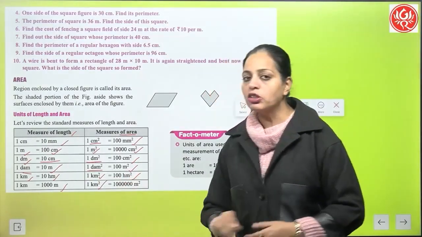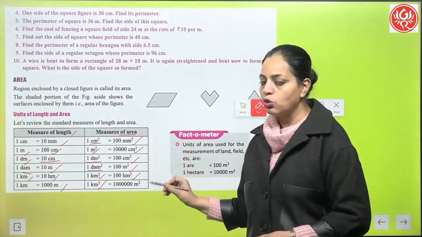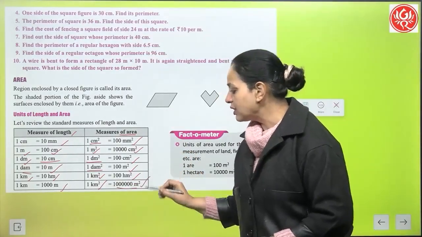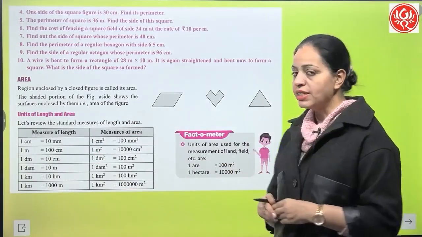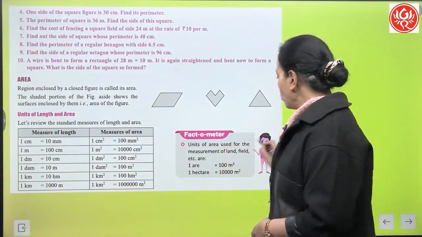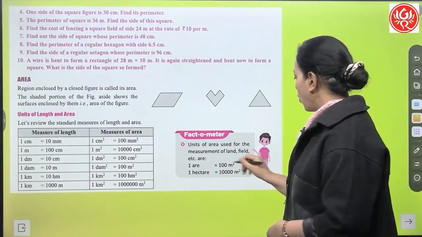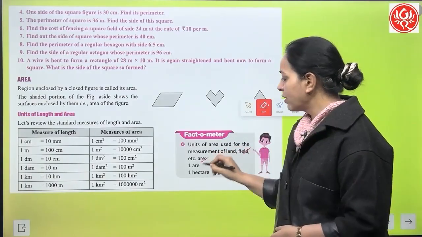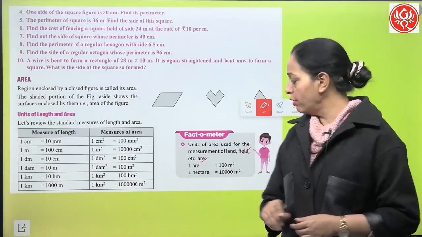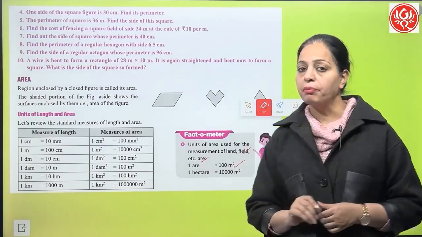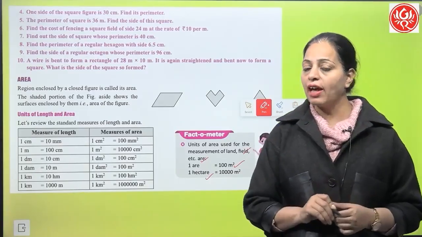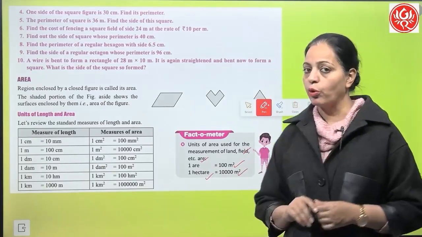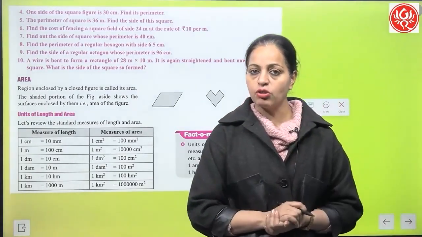So 1 kilometer square equals 1000 into 1000, that is this one, meter square. Okay. Now the units of area used for the measurement of land, field, etc. are: 1 acre equals 100 meter square and 1 hectare equals 10,000 meter square. Okay, I hope this is clear to you.